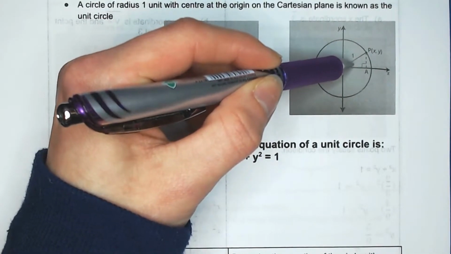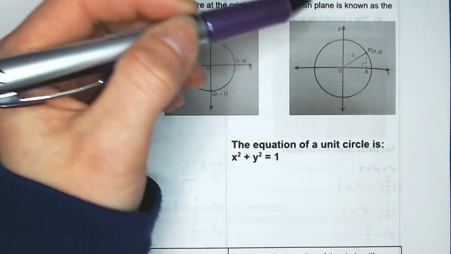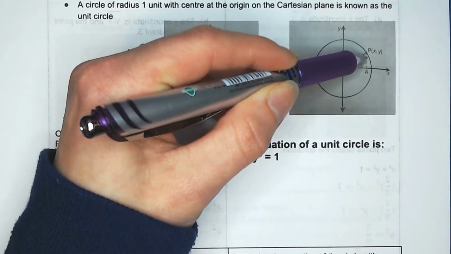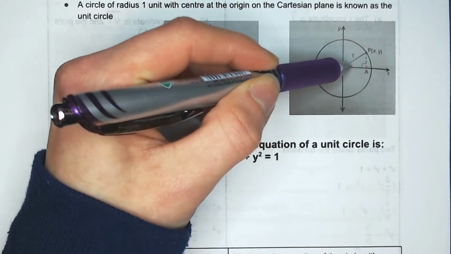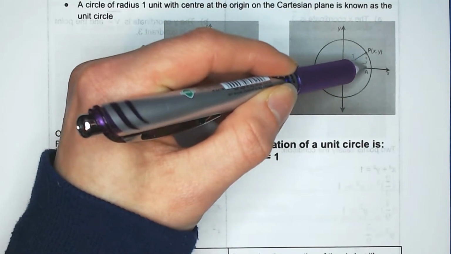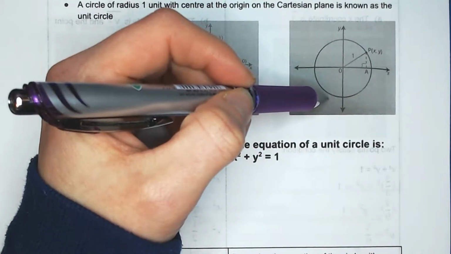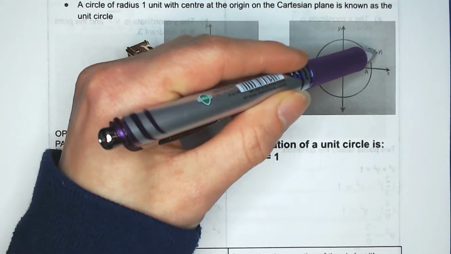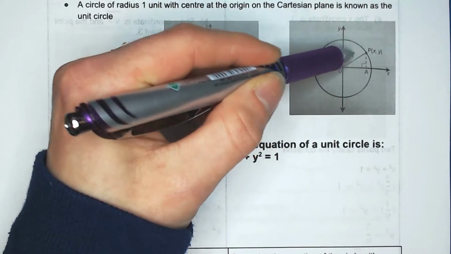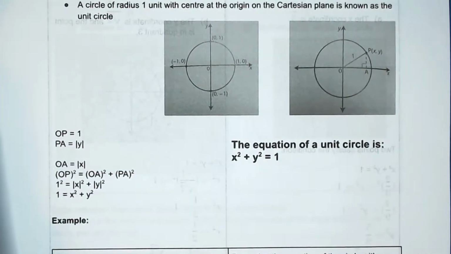Here's our angle theta on the inside here at O. And notice that this A coincides with the x-intercept. Okay, and that will be true of all points on this circle. Y will have a corresponding coordinate somewhere along the y-axis as well.